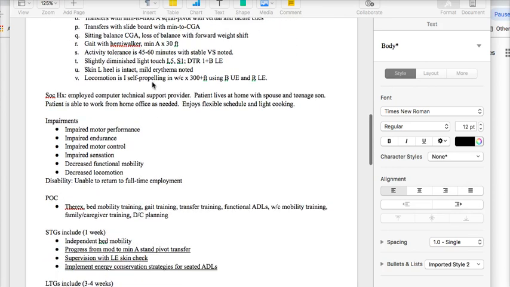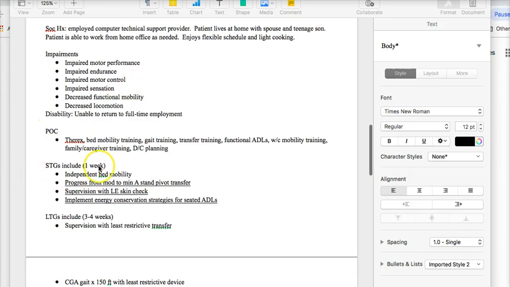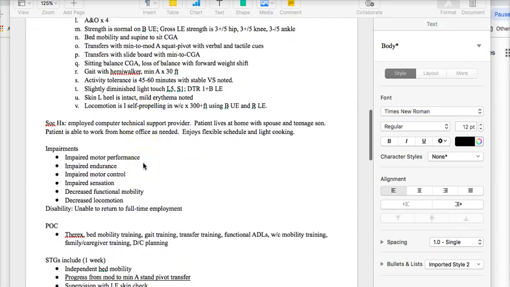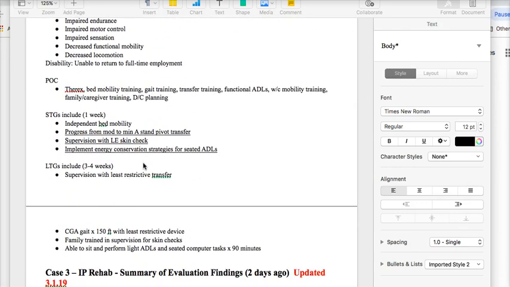And so they've had their short-term goals updated now because of the fact that they have been in care for a while. So there's progression from a mod assist to a goal for a stand pivot transfer.